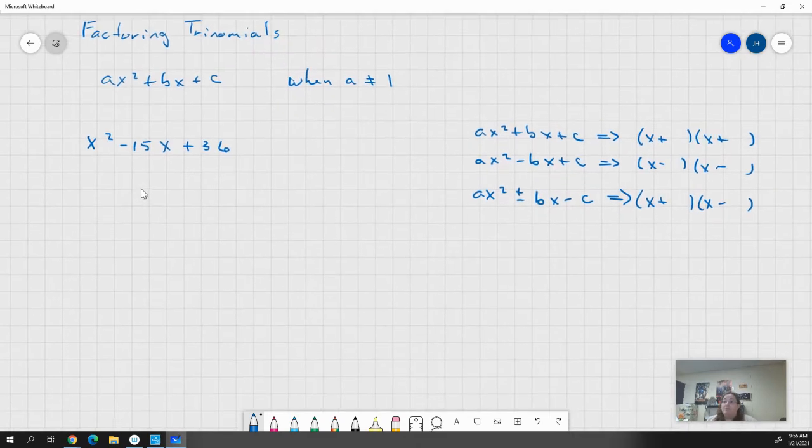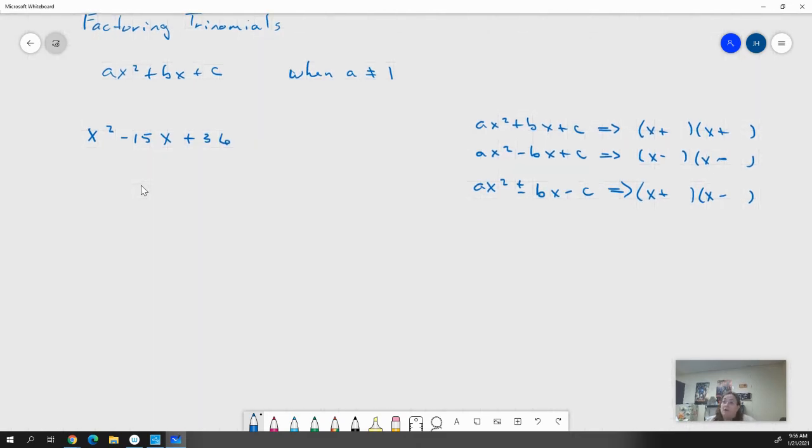And so for this, we would look at it and go, okay, what are the factors of my c term, right? Factors of c that add to b, right? And that's what we were working at when we were doing it with a equals 1, right?